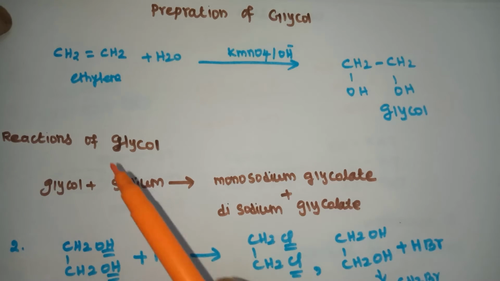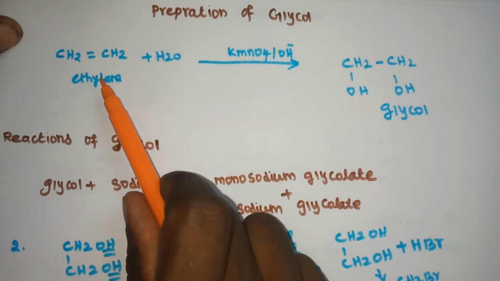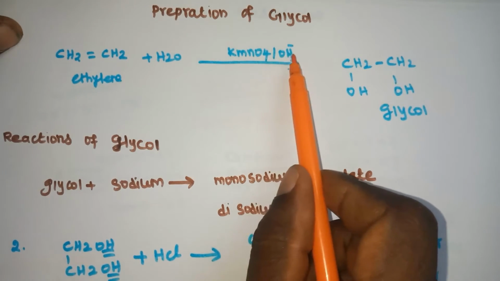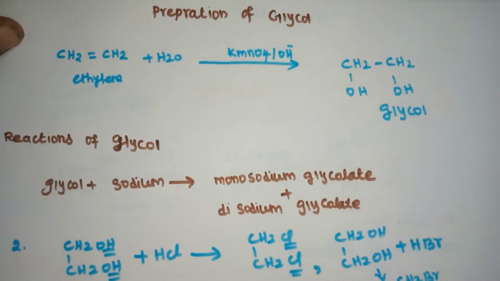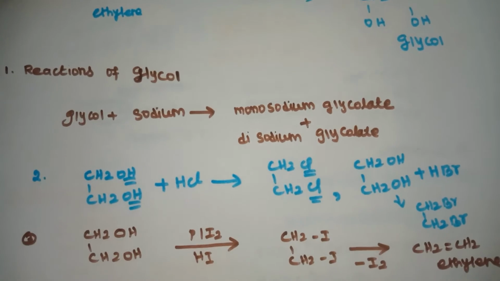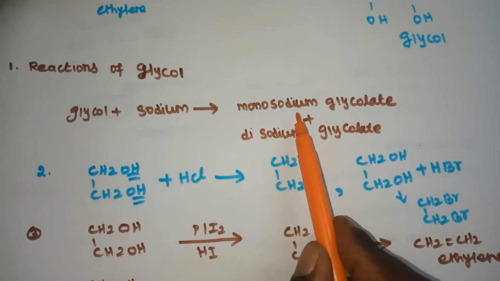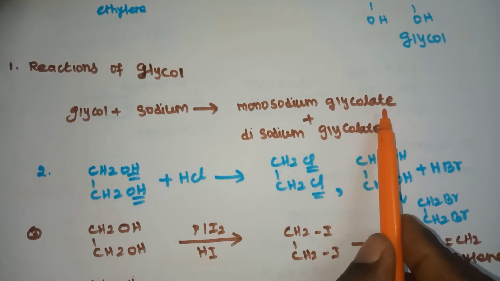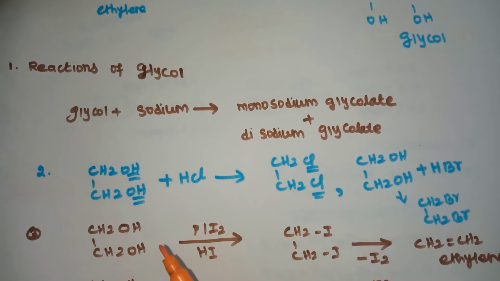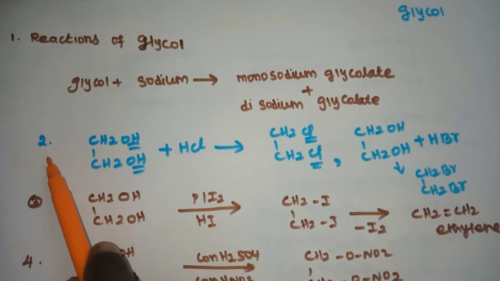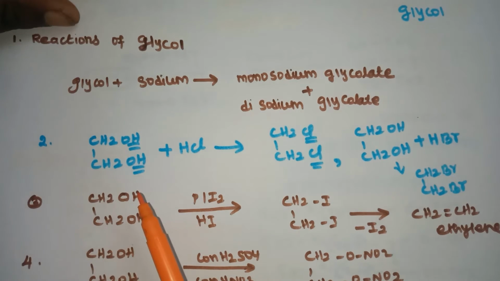Preparation of glycol: hydroxylation of ethylene using cold alkaline potassium permanganate gives glycol. Next one is reactions of glycol. Glycol reacts with metallic sodium to form monosodium glycolate and disodium glycolate. Second, ethylene glycol reacts with halic acid; 2 hydroxyl groups are replaced by halide groups.